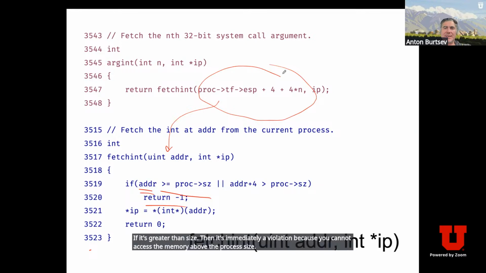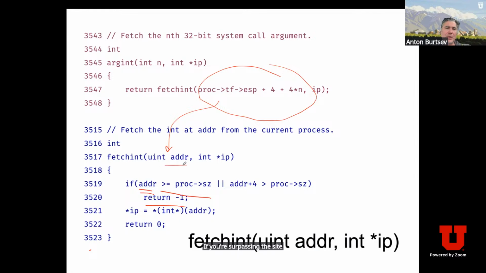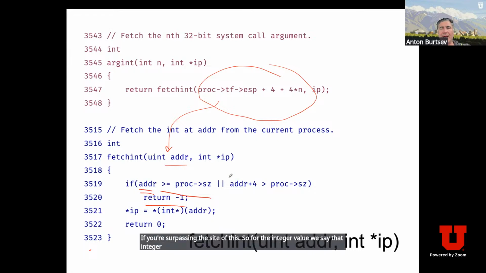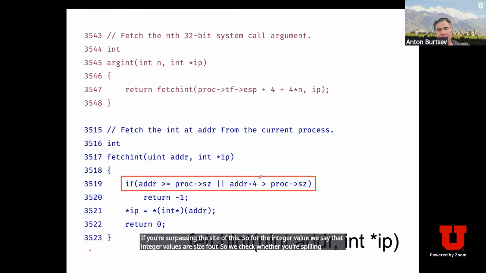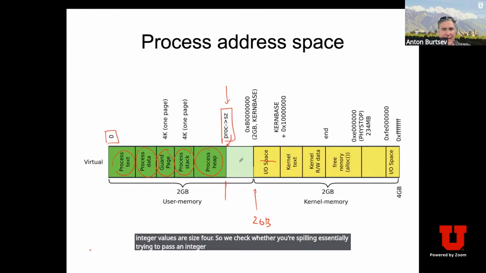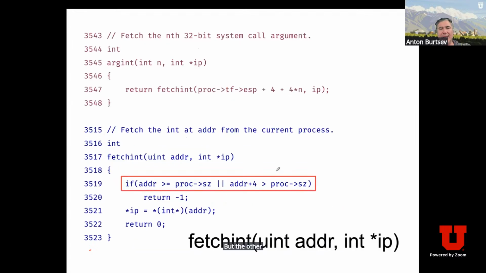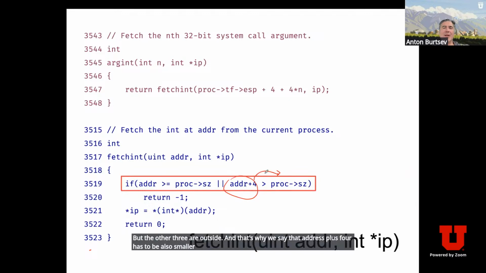If you're also passing the size, for the integer value we say that integer values are size 4, so we check whether you're spilling, essentially trying to pass an integer which is exactly on the boundary, right? So maybe the first byte is inside, but the other 3 are outside. And that's why we say that address plus 4 has to be also smaller than proc size, right? And if any of these conditions is true, you immediately return because the check is not passed.